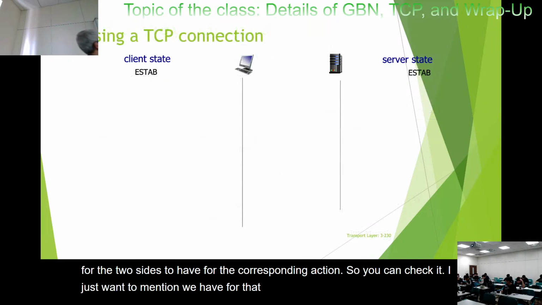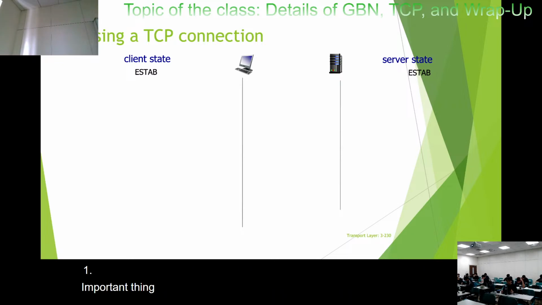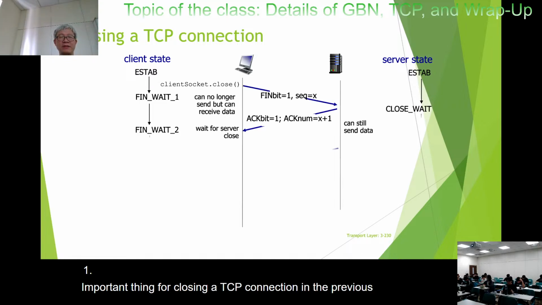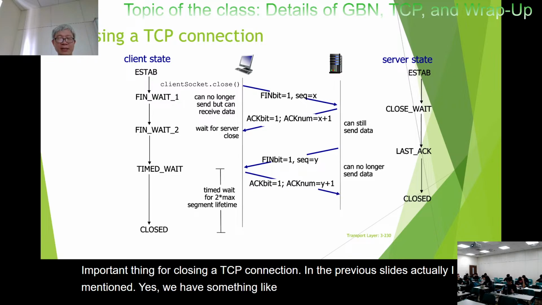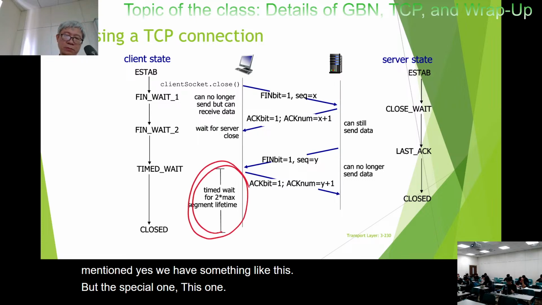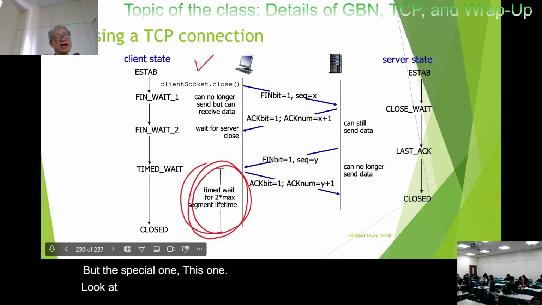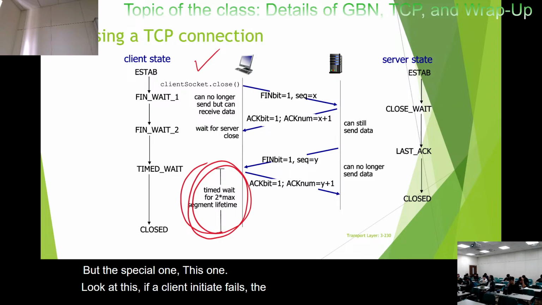But I want to emphasize one important thing for closing a TCP connection. In the previous slides, actually I mentioned, yes, we have something like this. But the special one, this one. Look at this. If client initiate close the connection, sure, server will agree.